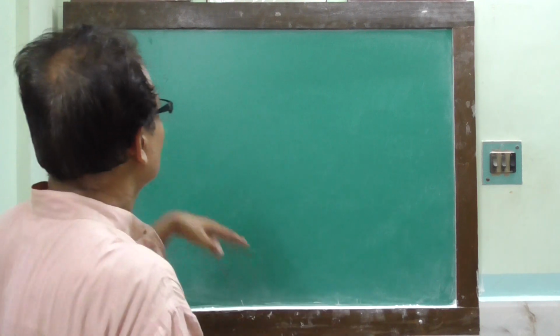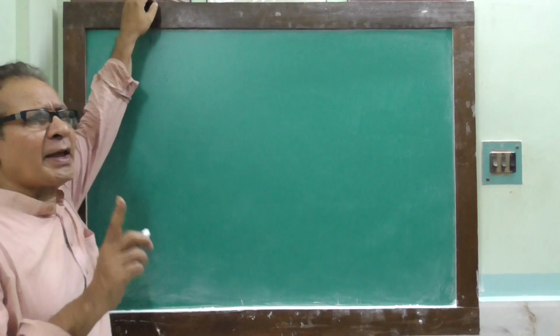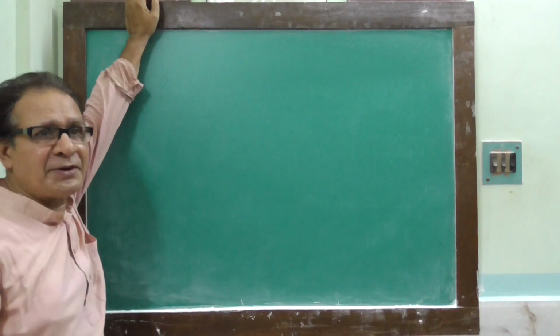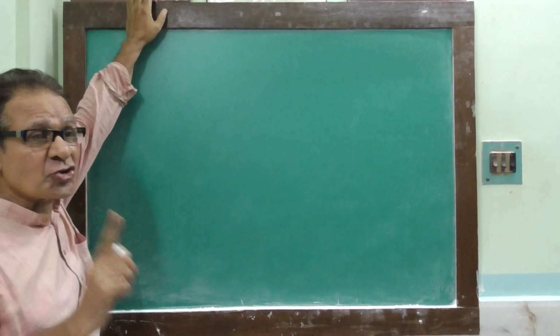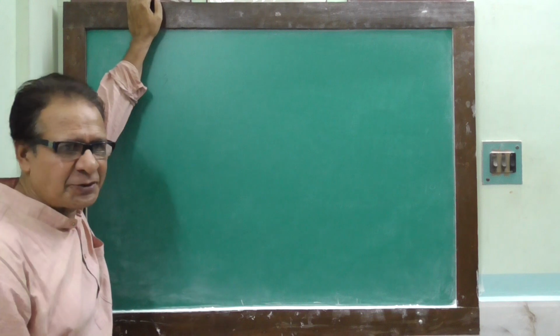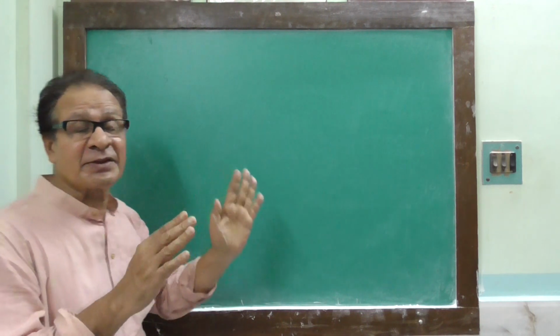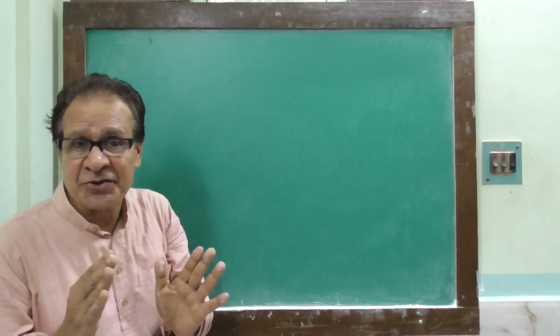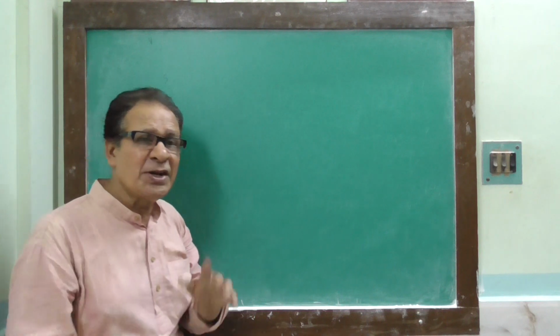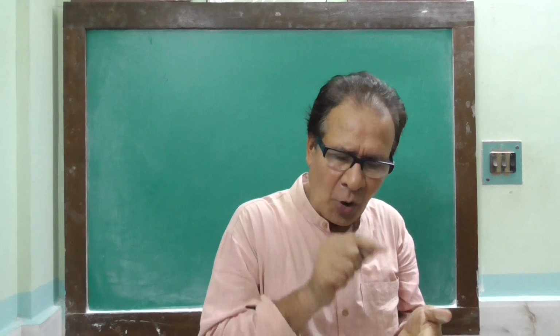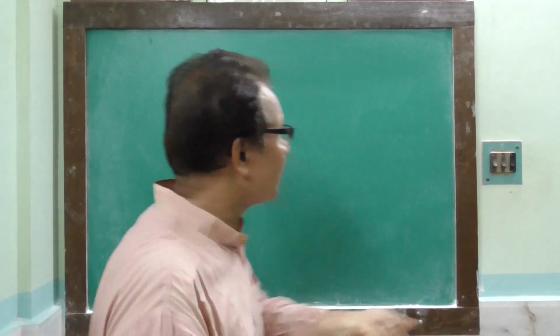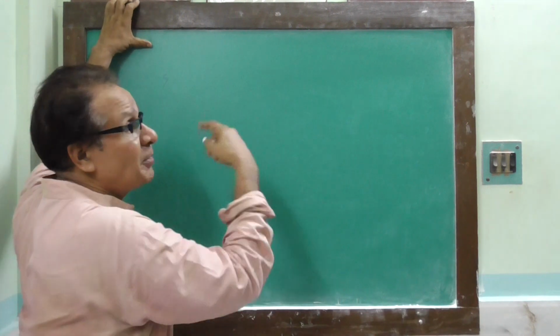Suppose you are given that a hybrid tall plant is crossed with a pure dwarf plant, then state the result in the next generation. In such cases, you start from where it is given. That is, here it is given the hybrid tall plant.